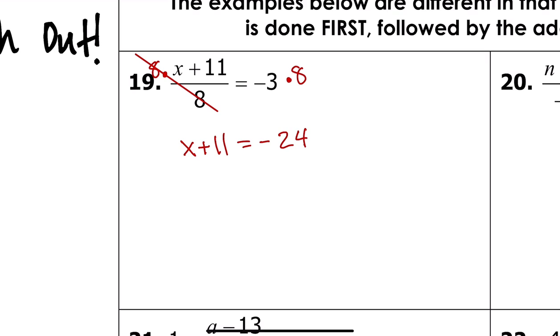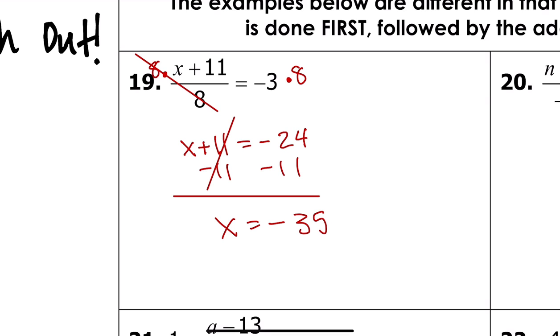So the opposite of adding is going to be subtracting. So we're going to minus 11 from both sides. That's going to leave us with x because our 11s will turn to 0. And then -24 minus 11. Whenever you have 2 negatives or you have a negative being subtracted from, that means you're going to have to add those 2 numbers together and keep the negative sign. So we're going to end up with -35.